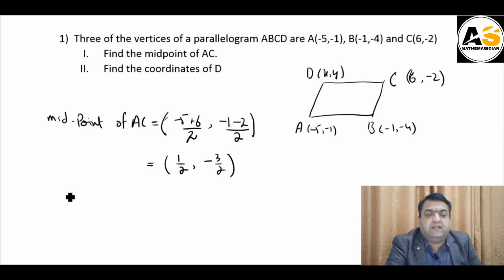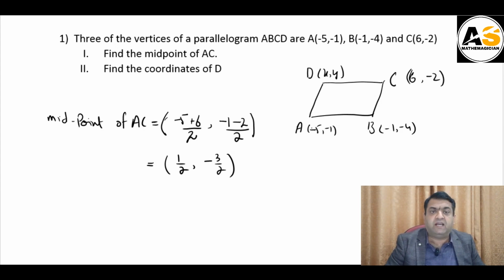Now we have to find the coordinates of D. This is a challenging question. ABCD is a parallelogram. It means the coordinates of D are basically (x, y). We have to find x and y. In mathematics, if you need to find two unknowns, you need two equations in those unknowns.